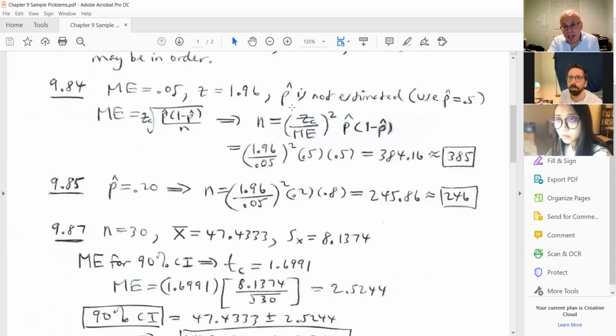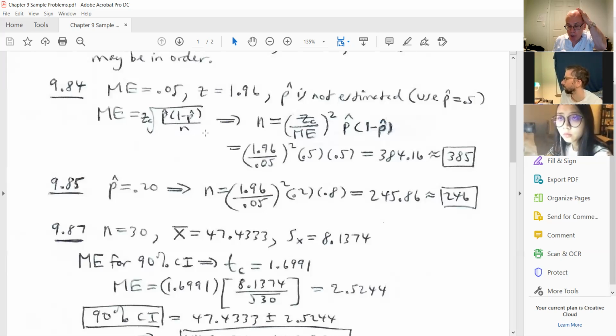We need it because the margin of error formula, which is where we're going to get n from, is the critical value Z times the standard error, which is the square root of p hat times 1 minus p hat divided by n. Well, they don't give you an estimate for p hat in the problem. If you read through it, there's nothing about that.